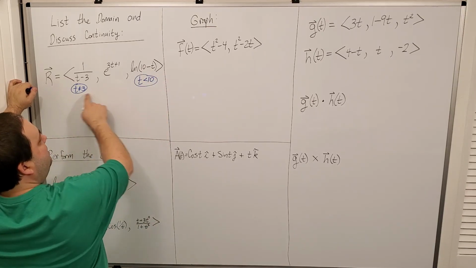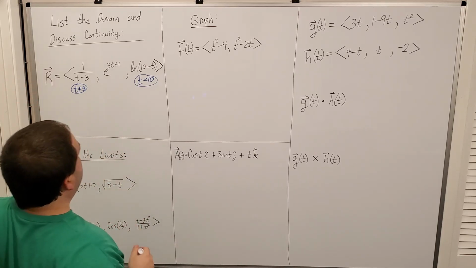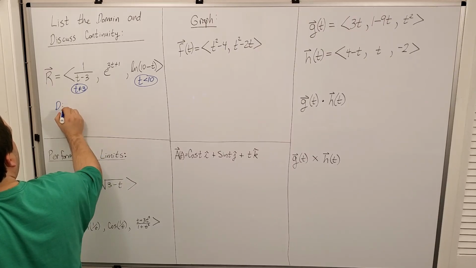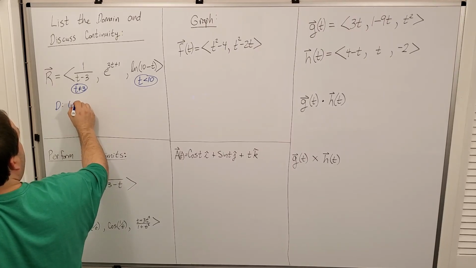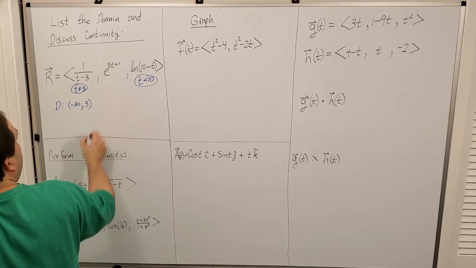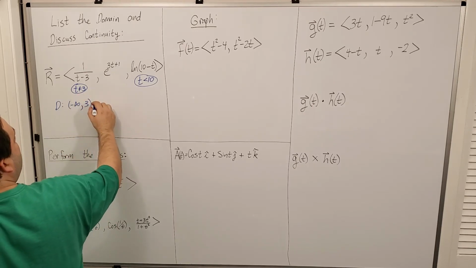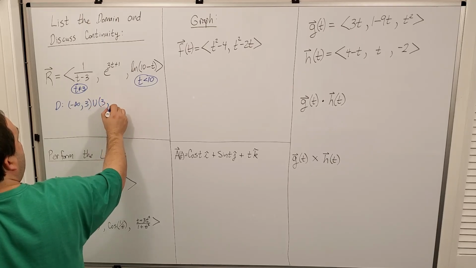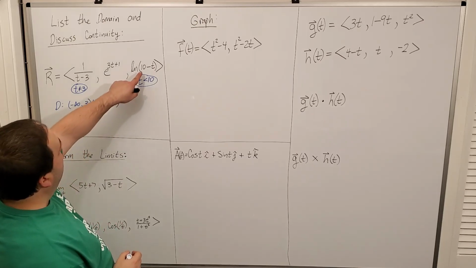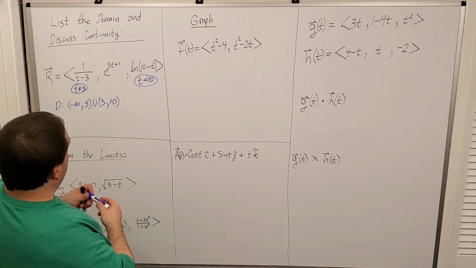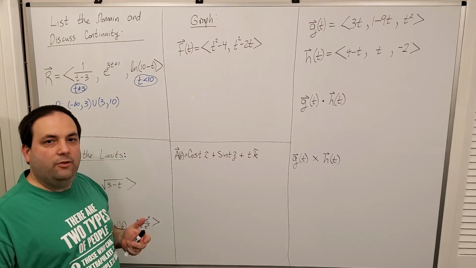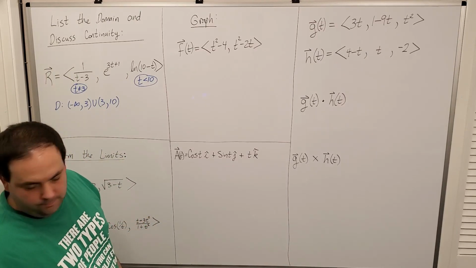So t can't be 3 and t has to be less than 10. So then my domain is going to be from negative infinity all the way up to 3, can't have 3, union with 3 up to 10, right? And I also can't have 10 because 10 minus 10 is 0. And really what this is, I'm just letting all of the pieces work together to create this domain.